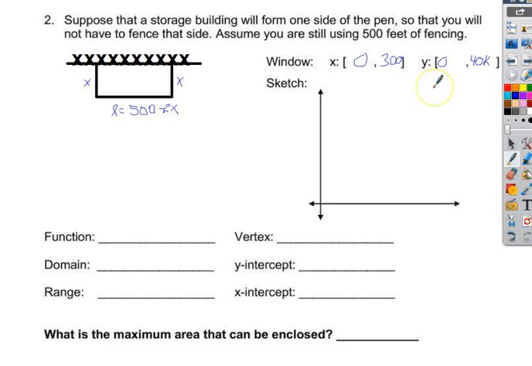Probably can't get twice as much area, but we're just going to do that for the purpose of setting our window. For this case, the function that we're going to use is the area as a function of x, is equal to the length times the width. So we have x times (500 minus 2x).